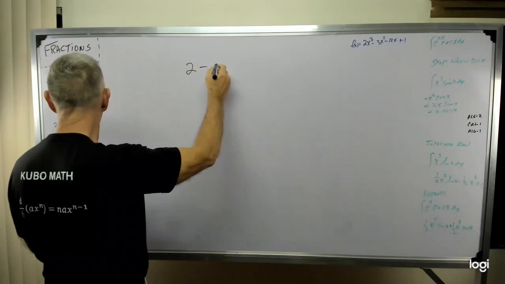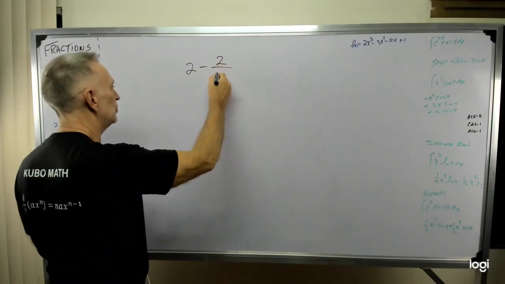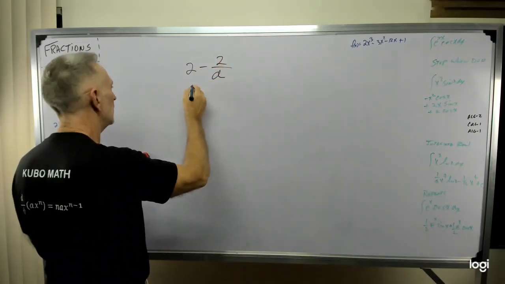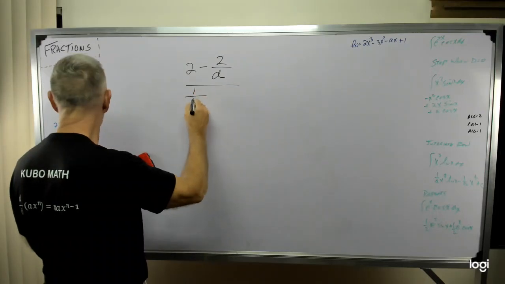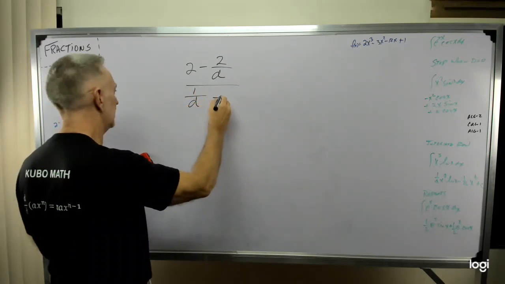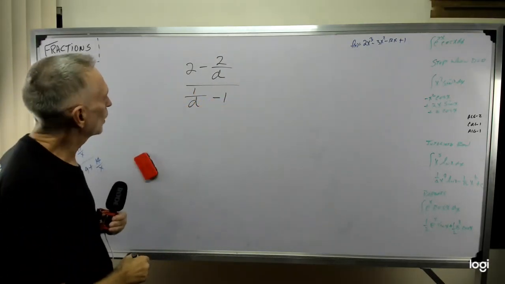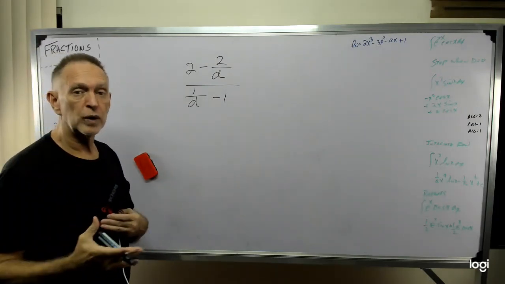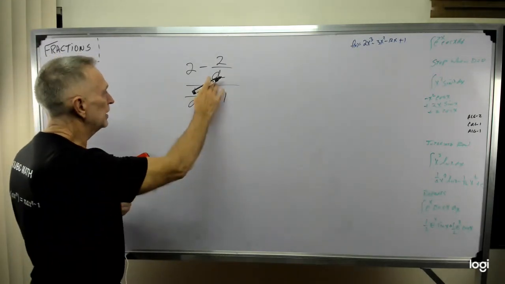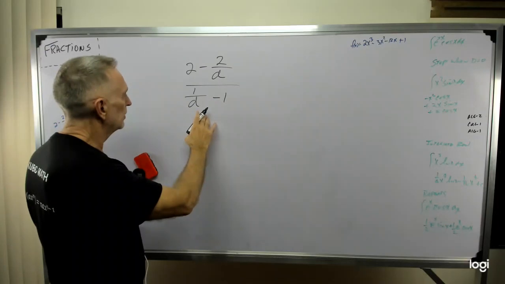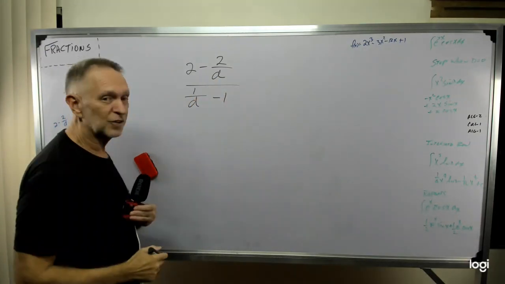This one's not too bad. Let's see, 2 over 2d divided by 1 over d minus 1. Well, this is similar to the one we worked earlier. We just need to get a common denominator. D looks like a good one.